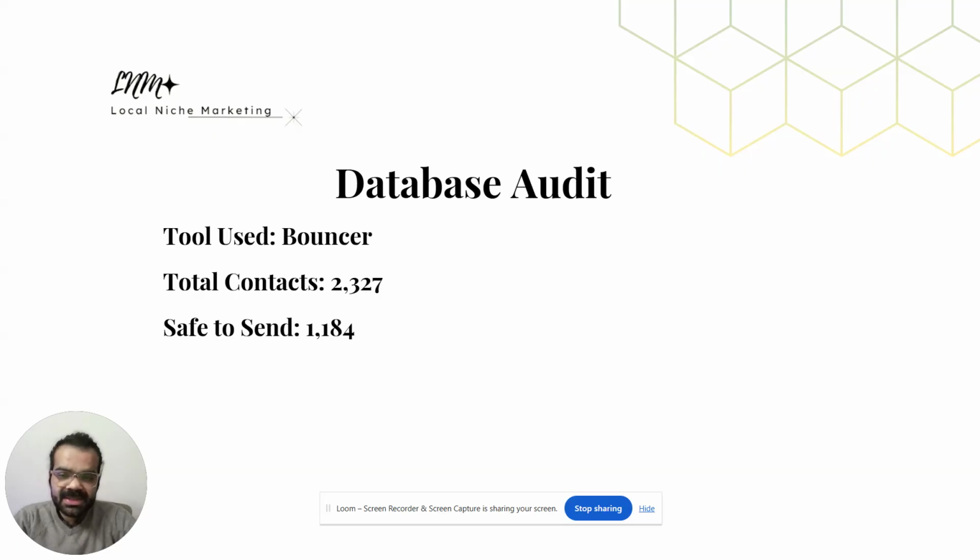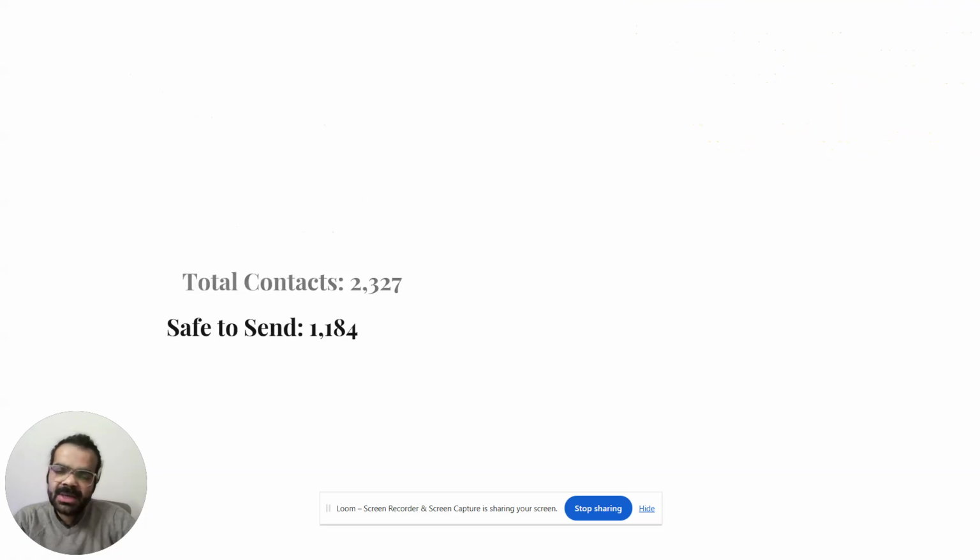The total contacts we uploaded were 2327, and the only contacts which were safe to send were 1184. So you can see what kind of issues they were having in terms of overall hygiene of their database. That's why we initially did this audit, to make sure that we are landing inside the inbox of the leads, and our total database is clean and proper contacts.